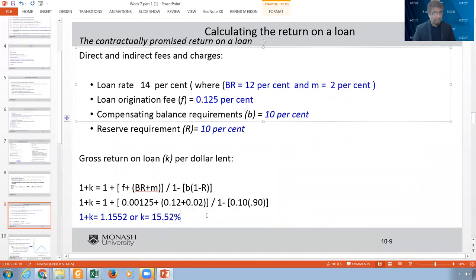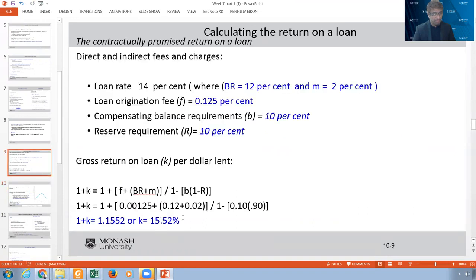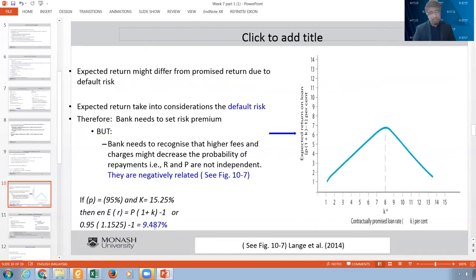Now, if you look here, when we talk about the rate, when we talk about the expected return, assuming that our probability of payment is 95, look, the rate has been dropped from 15.25 to actually 9.48%.